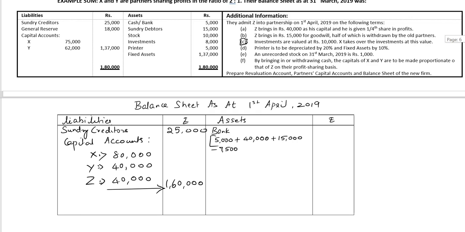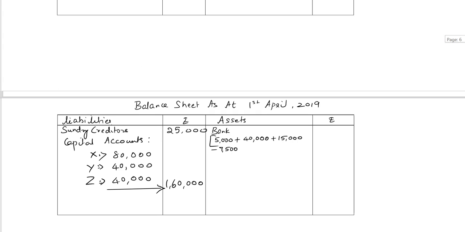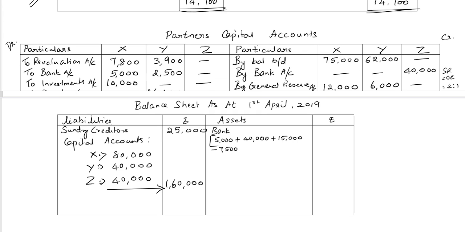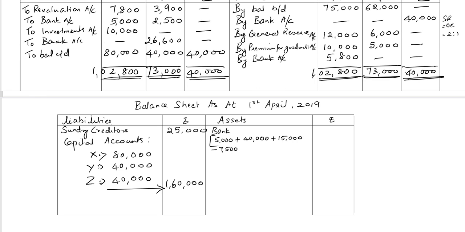And also, while making the adjustments for the capitals in the partners' capital accounts, we found that X is bringing in cash of 5,800 rupees and Y is withdrawing 26,600 rupees.